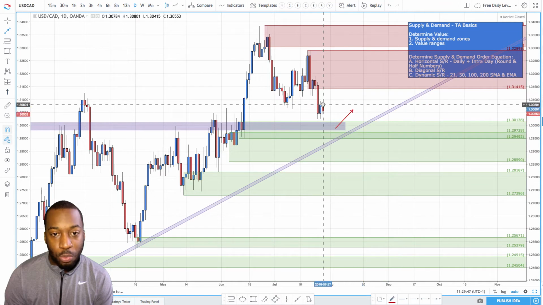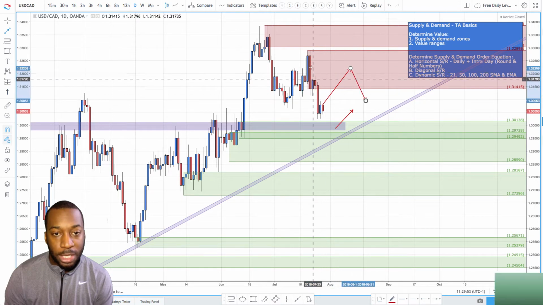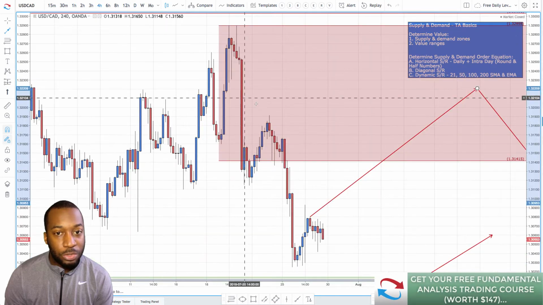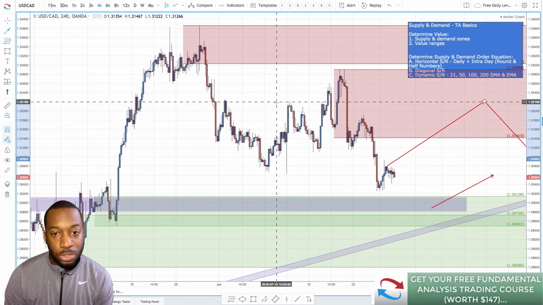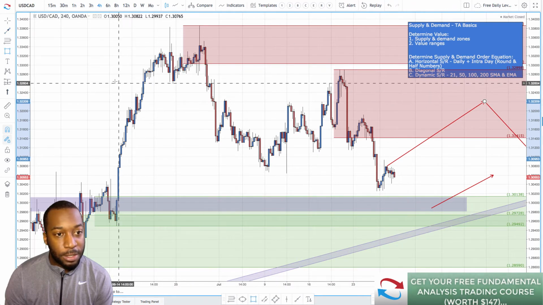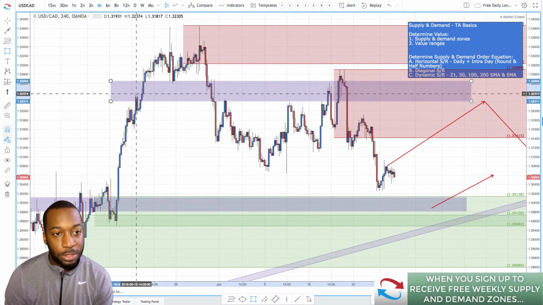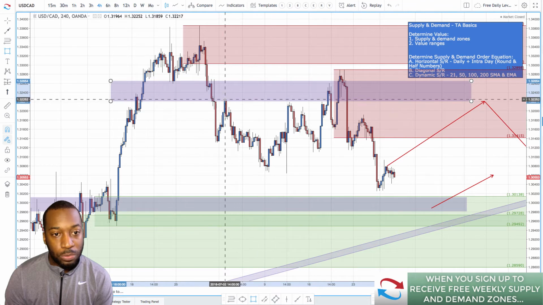If prices do pull back to anywhere within this supply zone, you can try and get short. Again, look for some intraday levels. The one that sticks out to me straight away is probably around here, as you have some resistance, support, resistance.